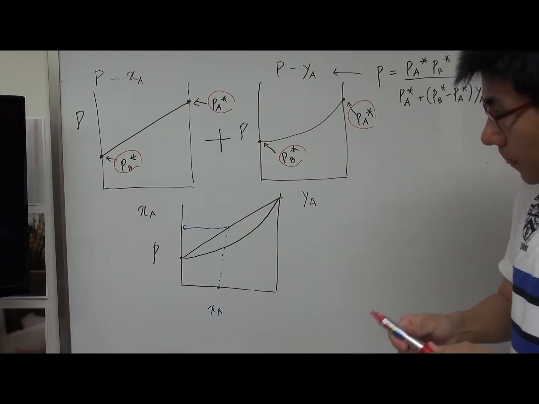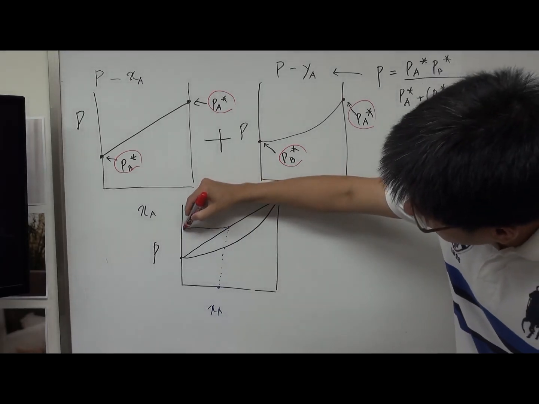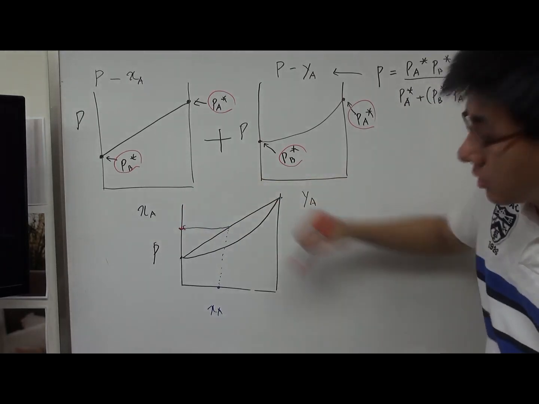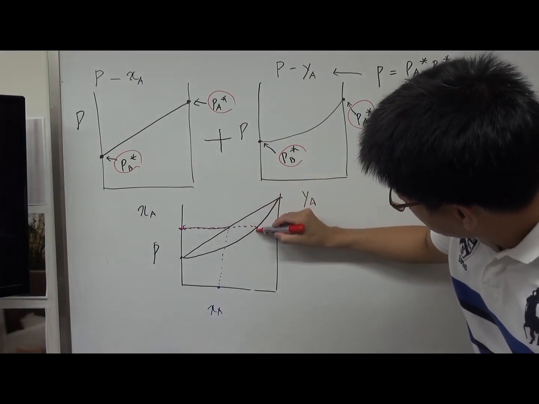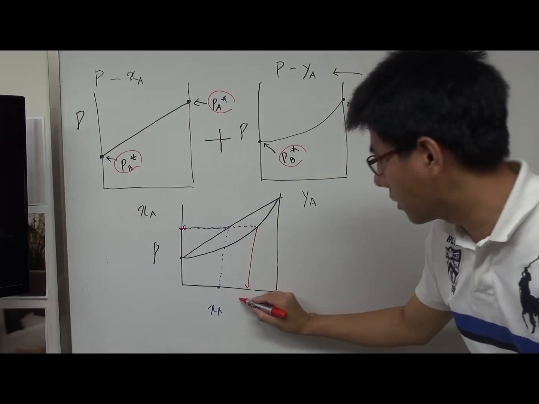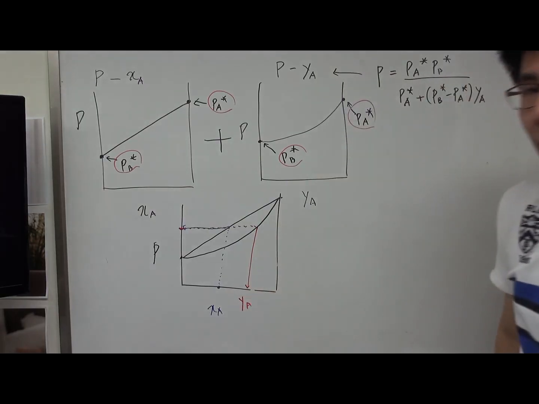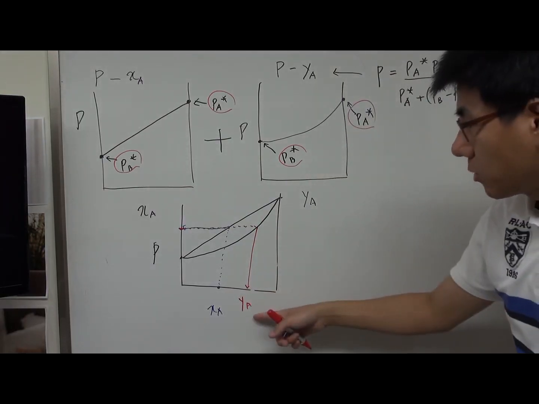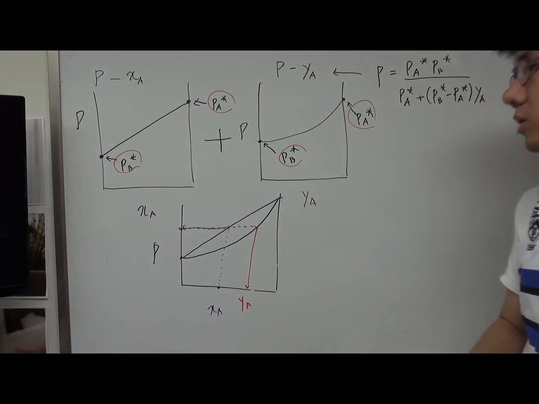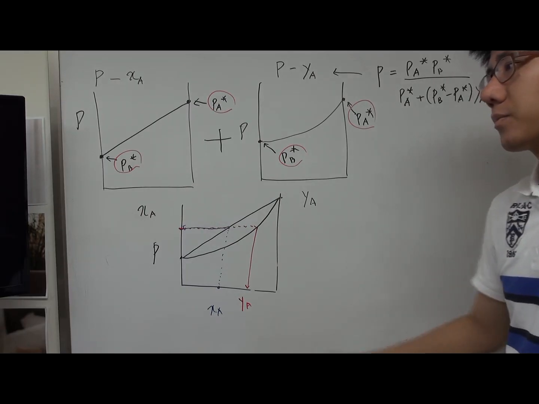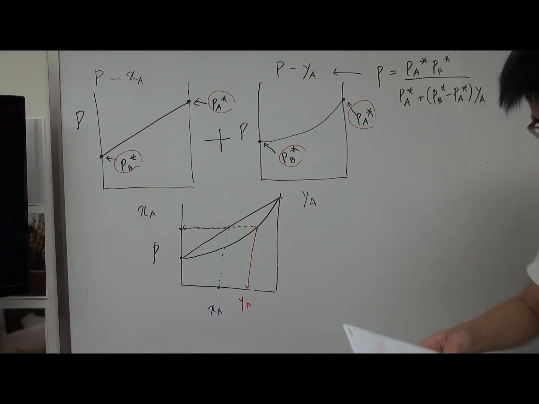And if the total pressure is this number, then the mole fraction of A in the vapor would be YA, right? Like this. We can interpret this total diagram something like this. Very simple.